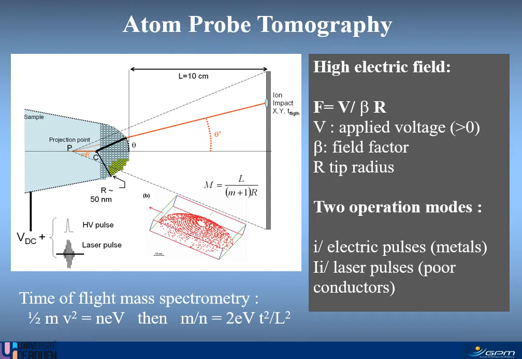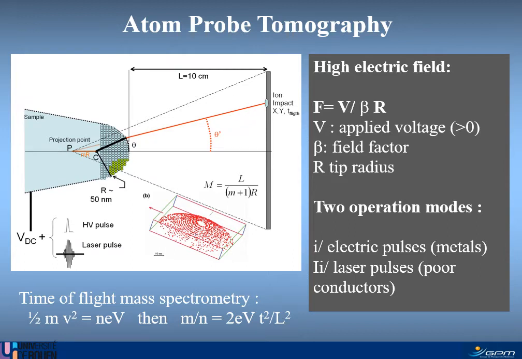Now, if you superimpose high voltage pulses on this DC voltage, and if this pulse is sufficient, let's say 1 kilovolt, to reach the electric field required to field evaporate, you will have field evaporation of surface atoms up to the detector.